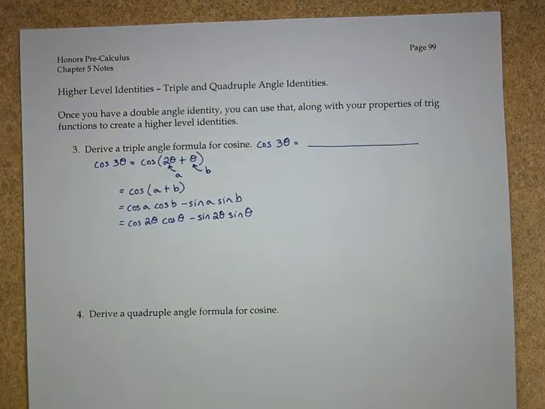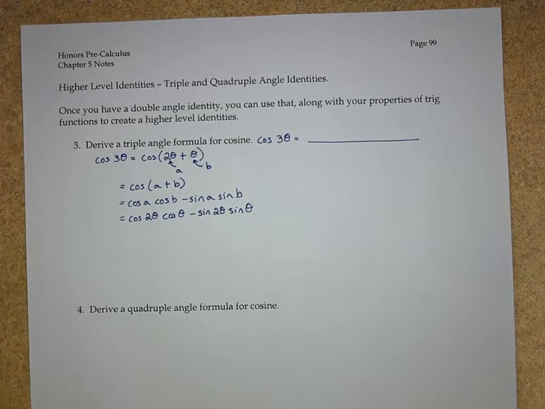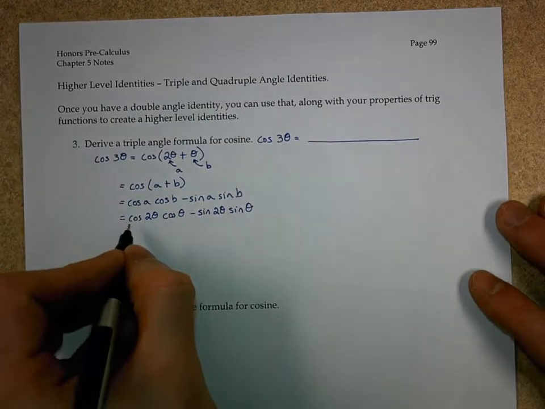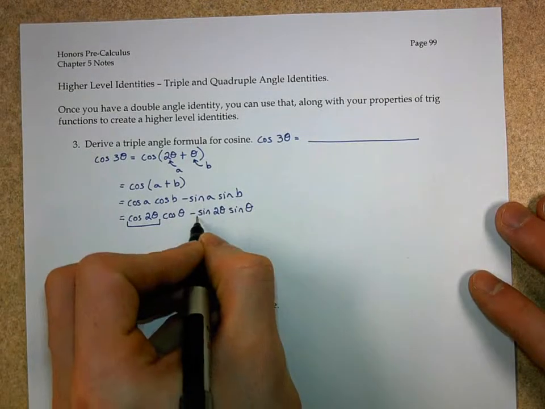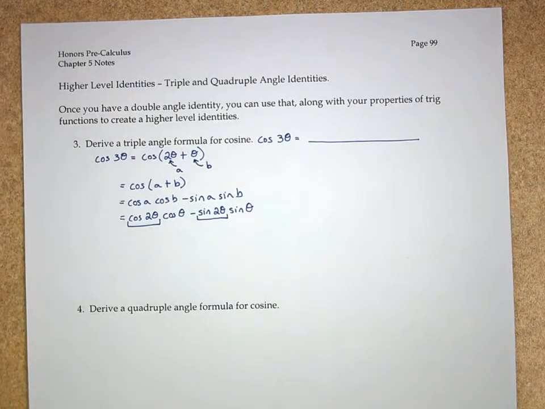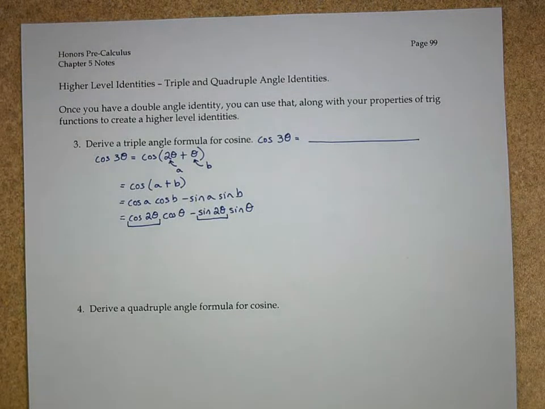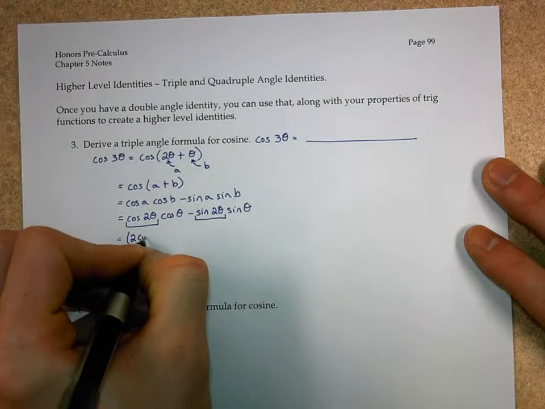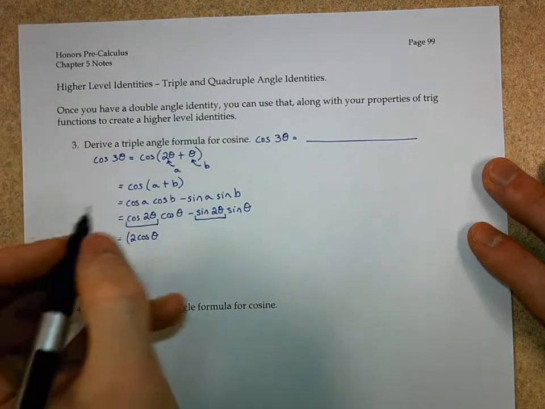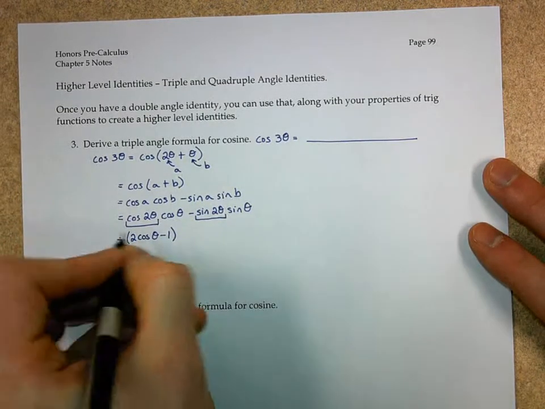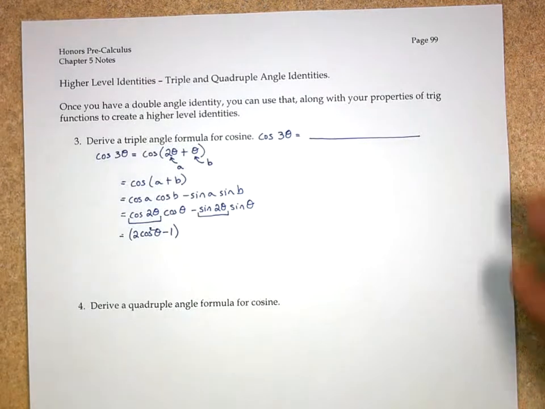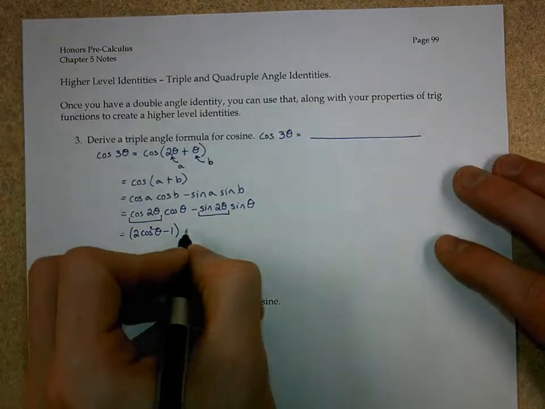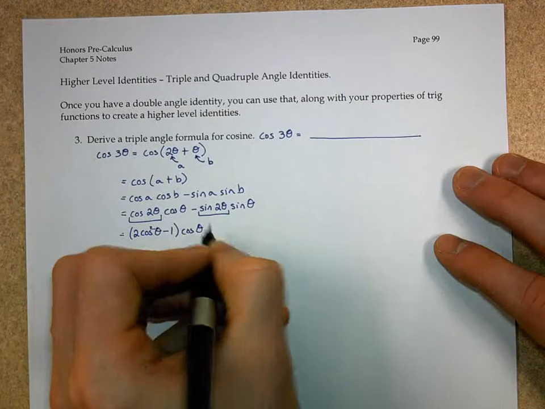Now at this point, we know some other identities from the first page. We know the cosine of 2 theta and we know the sine of 2 theta. So let's plug in those values. Cosine of 2 theta we know is 2 cosine squared theta minus 1, times the cosine of theta.